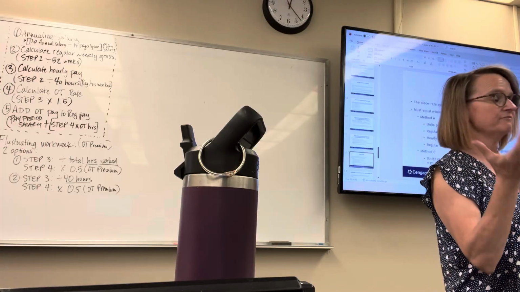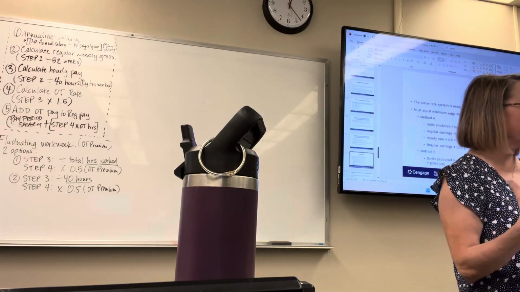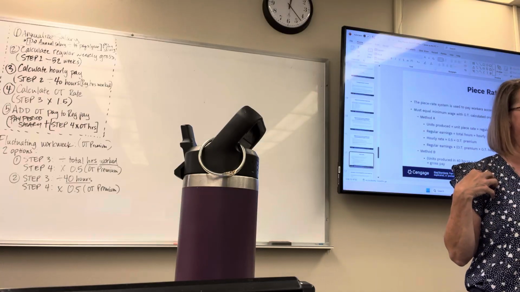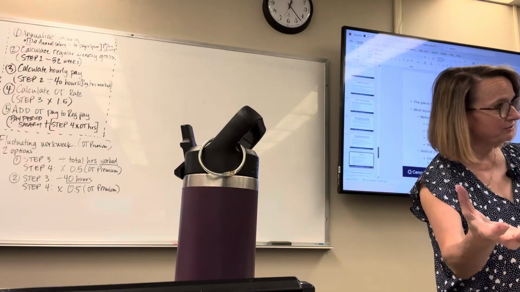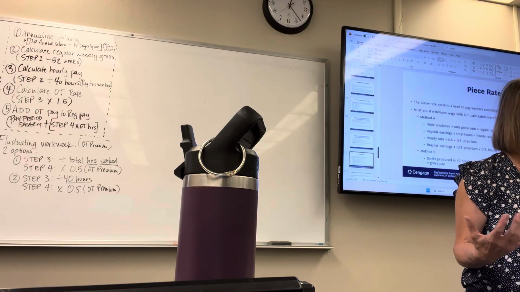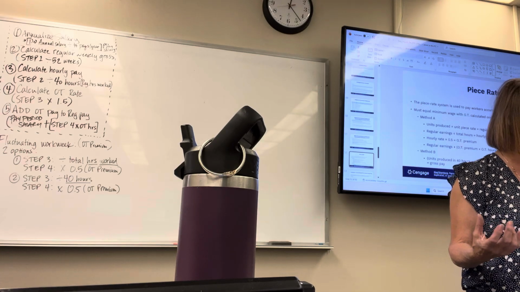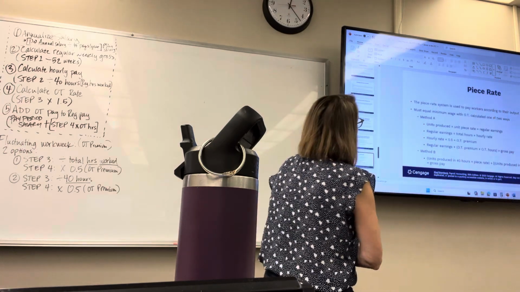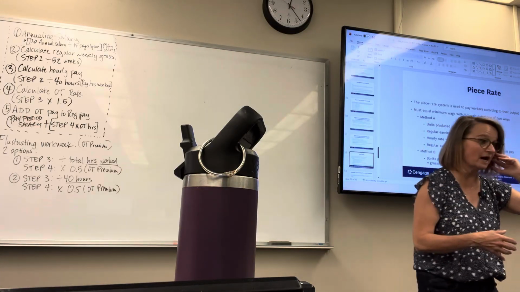We've got to keep track of how much they're producing in order to pay them appropriately, but then we have to keep track of how many hours they've worked to make sure that what we paid them for their production is compliant with the minimum wage and the overtime regulations. So again, it has to equal minimum wage with overtime as well.